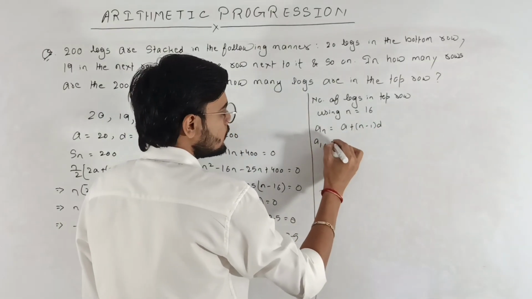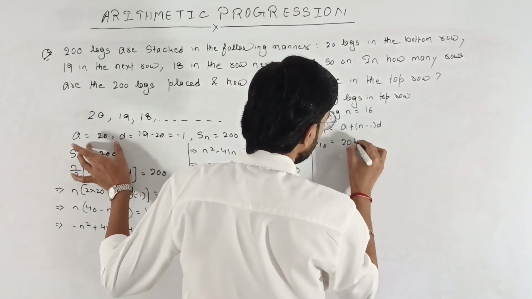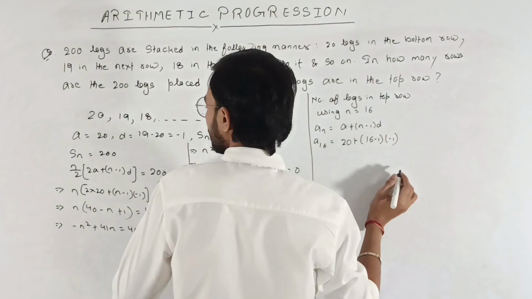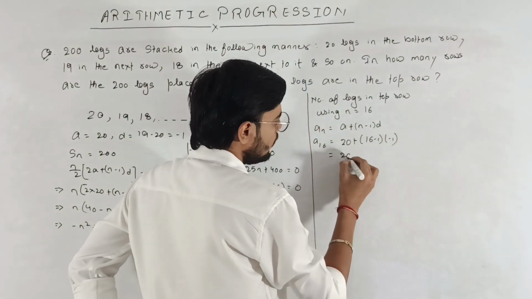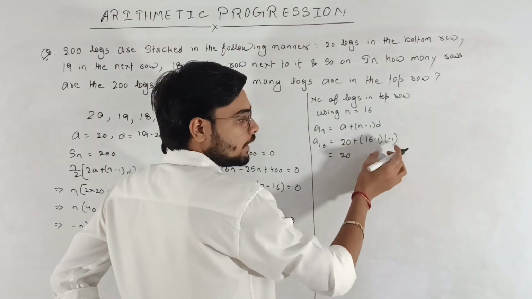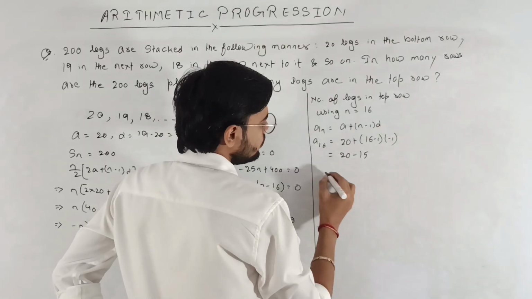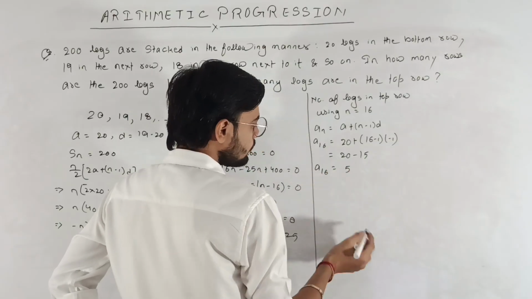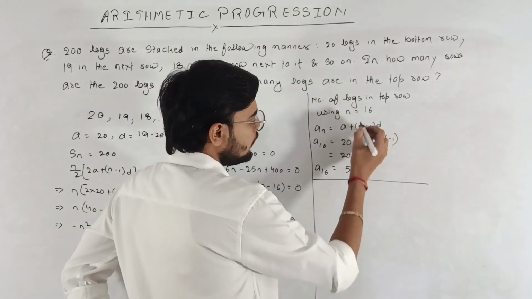So, a_16 is equal to a, which is here 20, plus (16 minus 1) into d, and d is minus 1. Now calculate this one. So 20, 16 minus 1 is 15, and 15 into minus 1 is minus 15. So a_16 is what? 5. Okay.